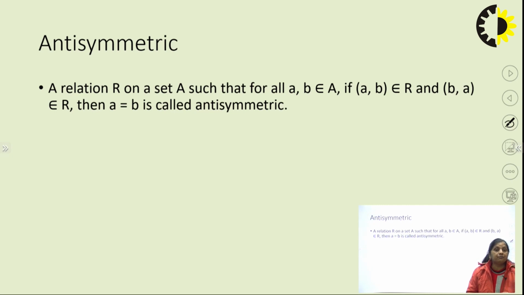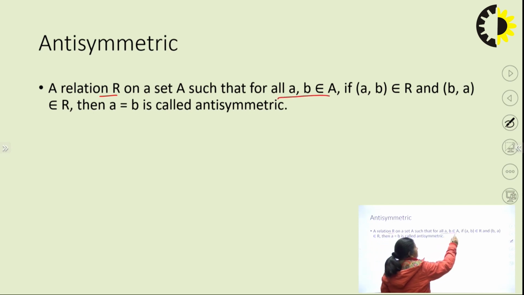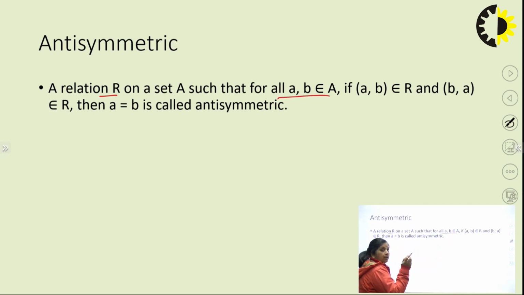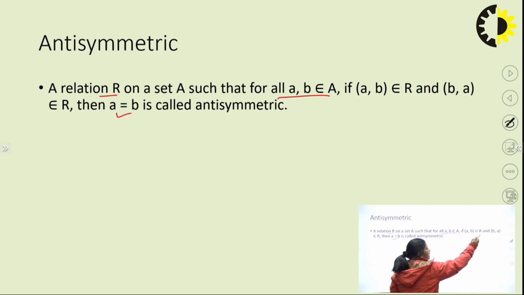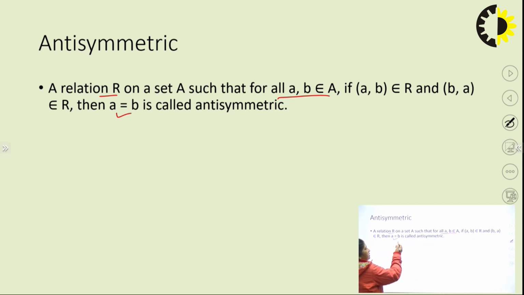The next property of relations is the antisymmetric relation. What is antisymmetric? A relation R on a set A such that for all A, B belonging to A, if (A, B) belongs to R and (B, A) belongs to R, then A is equal to B, is called antisymmetric.